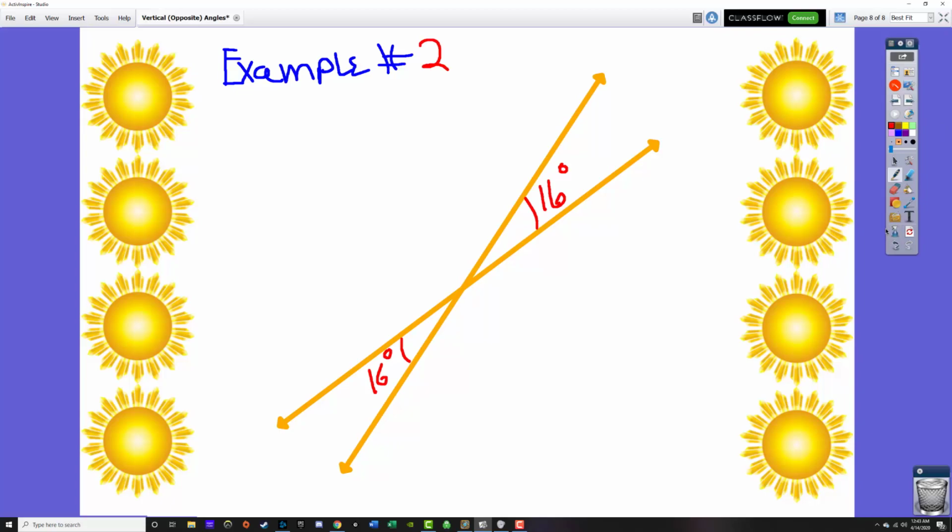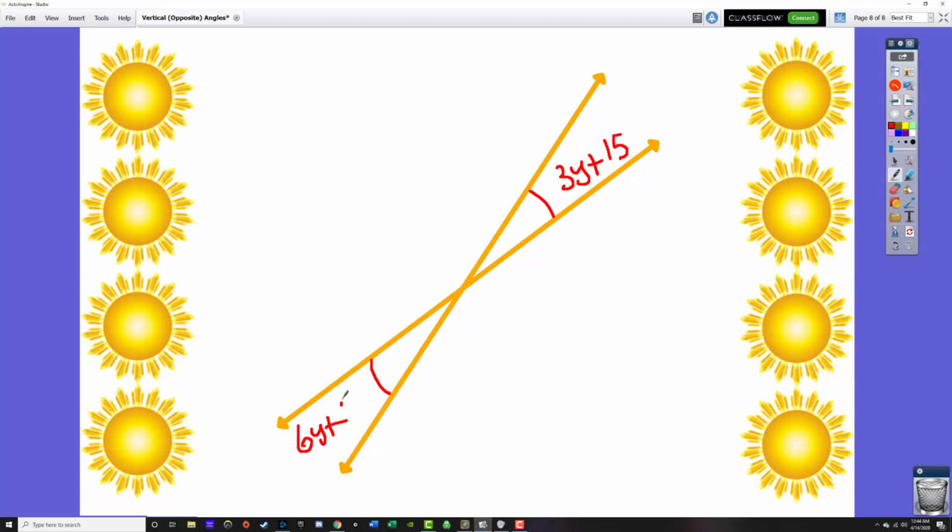So, we're going to leave it there for now. I want to let you guys know that on Thursday, when Thursday's video comes out, we're going to kick up the difficulty just a little bit, because we're going to have angles that are vertical, but instead of an exact measurement in degrees, I might tell you that angle 1 is equal to 3y plus 15, and this angle right here will be equal to 6y plus 30.